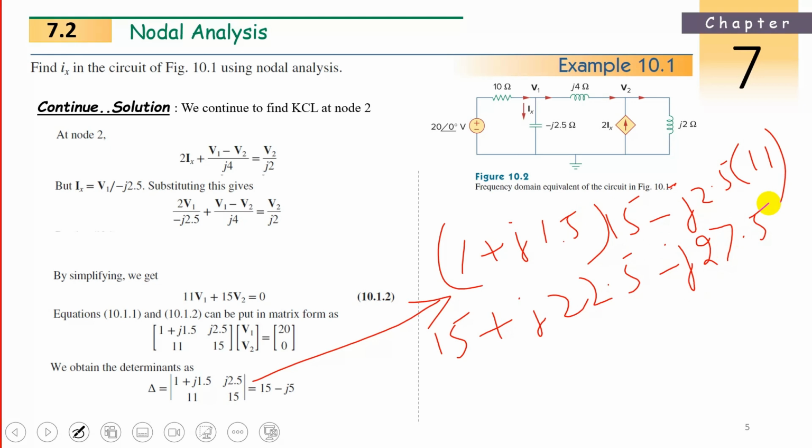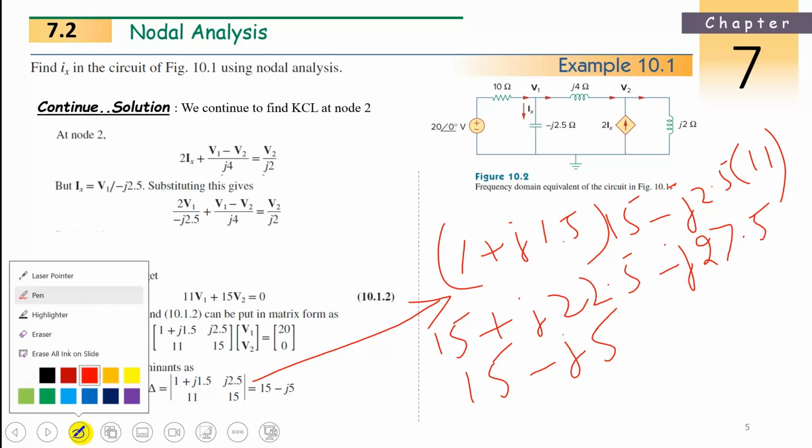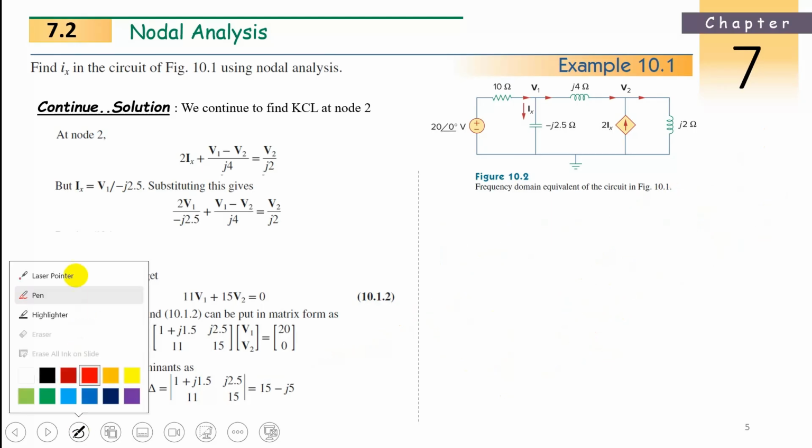Now 15 is separate because no j terms. So this is the 15. Now 22.5 minus 27.5, how much? 5. 27.5 is the bigger, so minus. So minus j5. We are getting 15 minus j5.